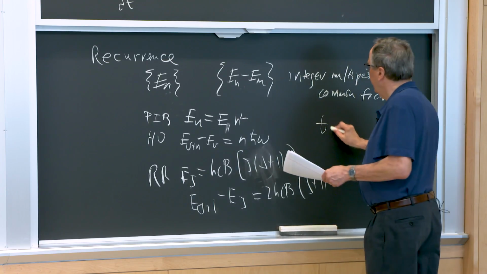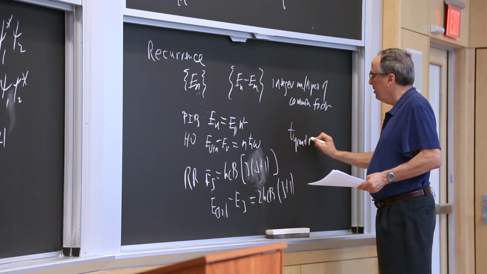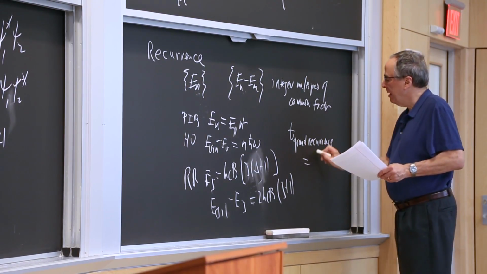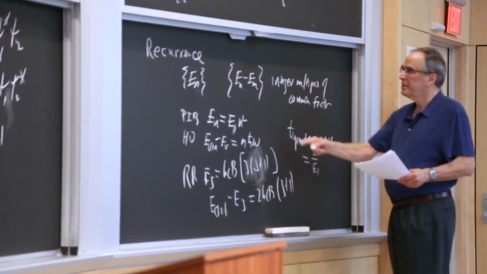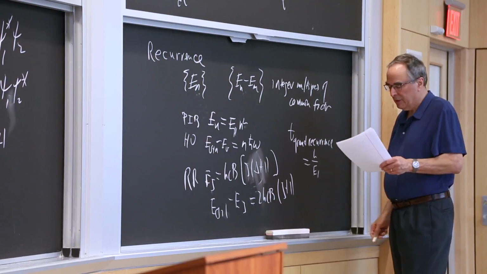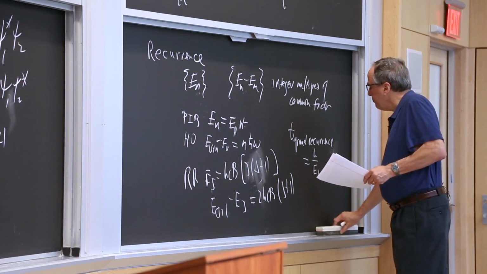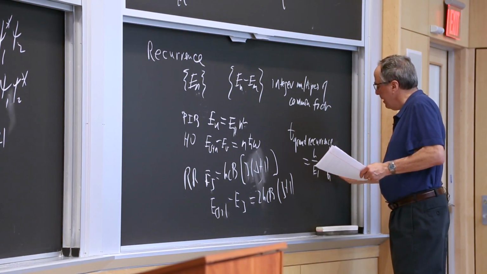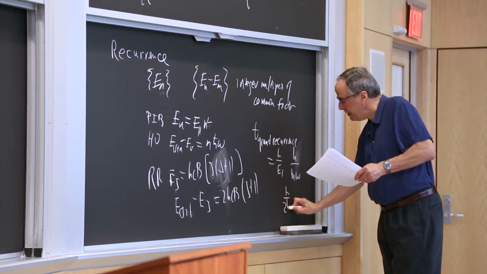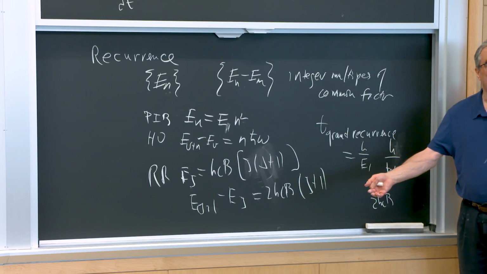So at a time which I call the grand recurrence time, equal to h over E1 for the particle in a box, or h over h bar omega, or h over 2HCB, we get all of the phase factors becoming 1.